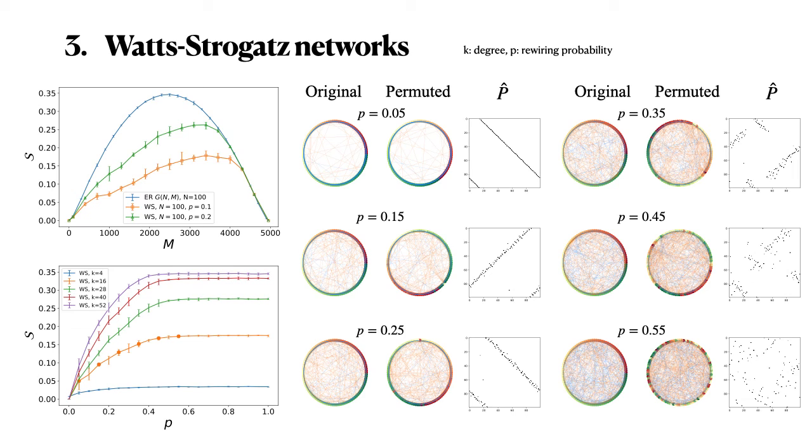At higher rewiring probabilities, we observe an interesting phenomenon, which is that a part of the nodes are rotated as a whole, and part of the nodes are reflected and rotated. And when p is 0.55, the network is basically as asymmetric as an ER graph, which can be observed in the node colors in the permuted network, as well as the node permutation matrix, which is pretty much random.